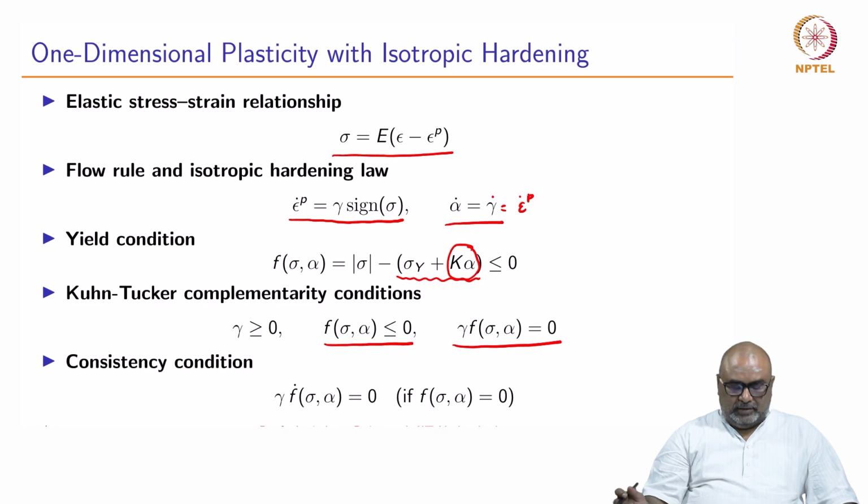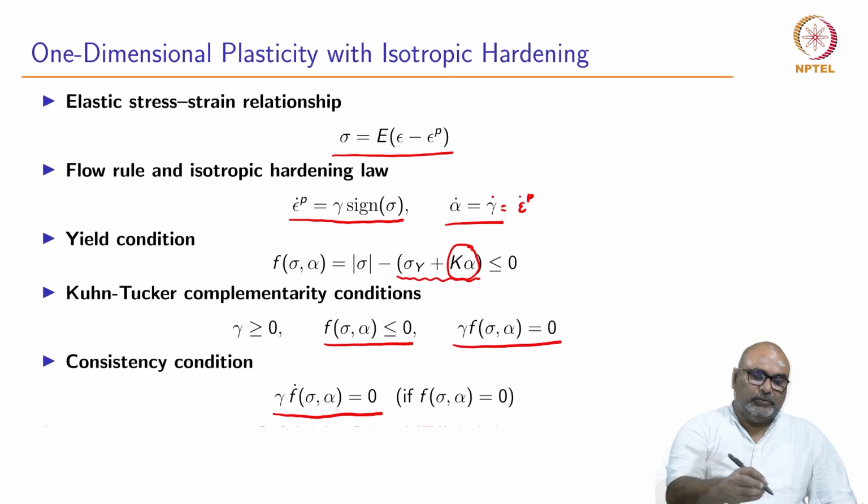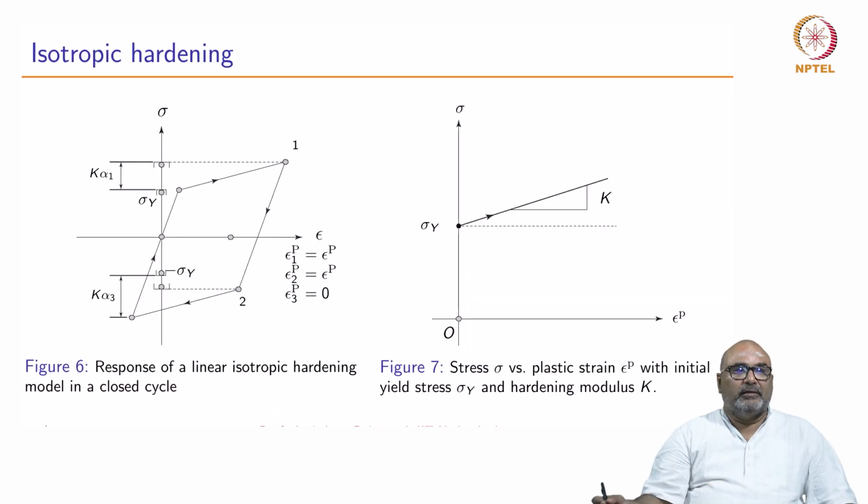So, even in this case, we have the plastic deformation always happening on the yield surface, given by the persistency or consistency condition γ f dot (σ, α) is equal to 0. So, in isotropic hardening, this is the response that we have.